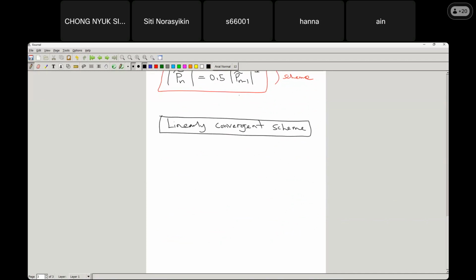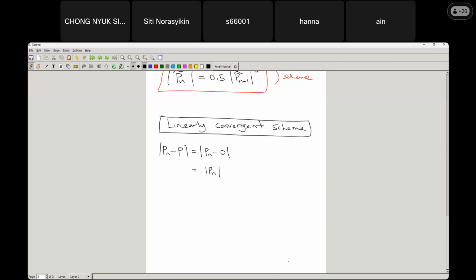What do we have? From the limit, we know that Pn minus P over Pn minus P is equivalent to Pn minus 0, which is equivalent to Pn. How do you get this Pn minus P?